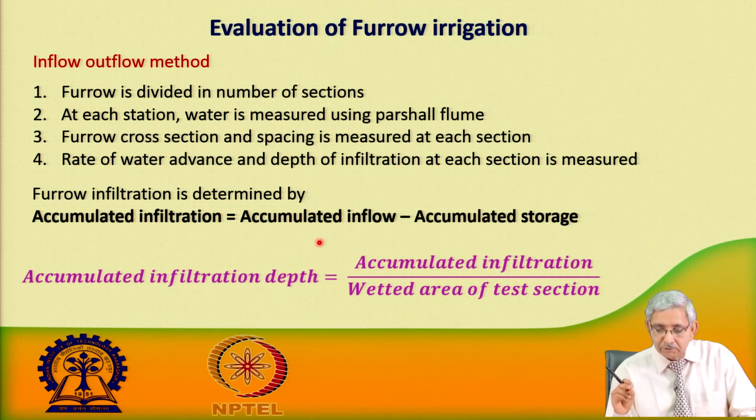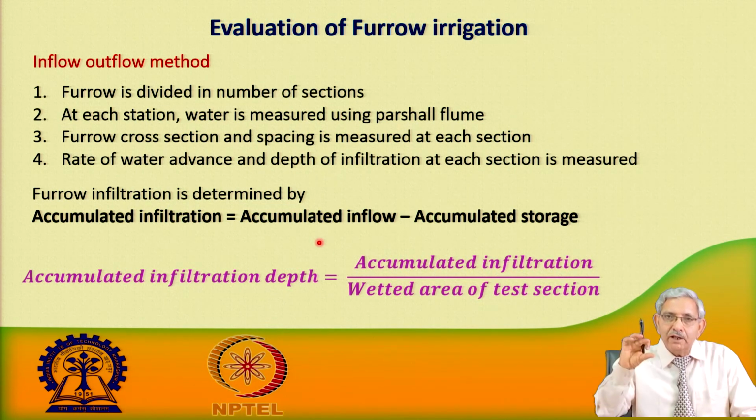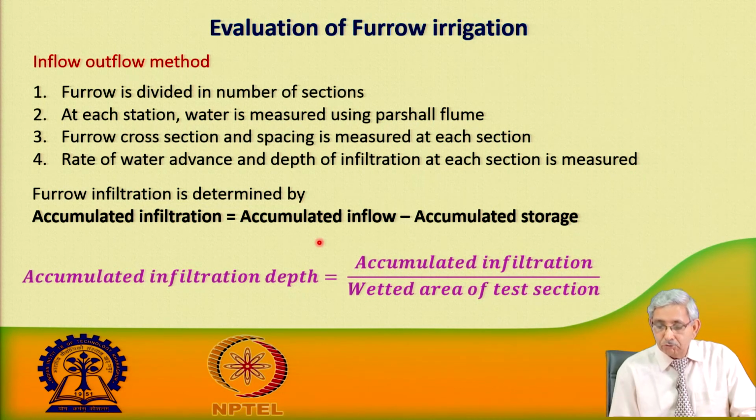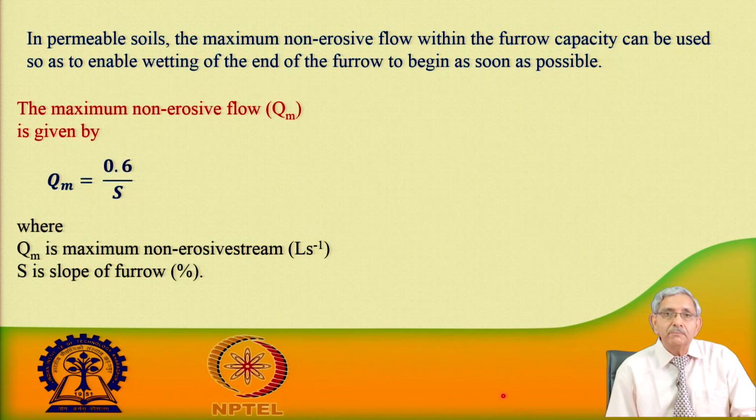Then, after measuring the cross section area and depth of flow, that gives the accumulated storage. The accumulated infiltration depth is the accumulated infiltration divided by the weighted area of the test section. This will give the depth of infiltration.